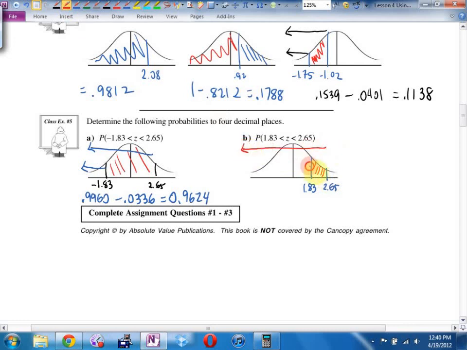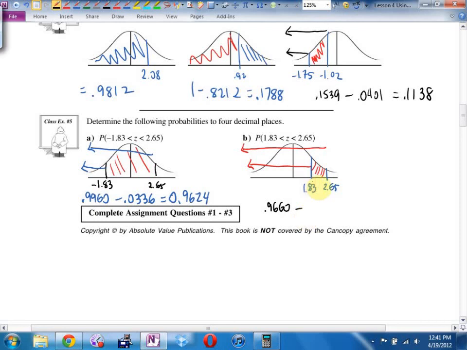This, take away that. 2.65 is still 0.9960 because I have that from the last question. So it's going to be 0.9960 minus, now I just need 1.83, which I don't know. It's going to be somewhere probably in the 80s, 0.88 something. What's 1.83's area?